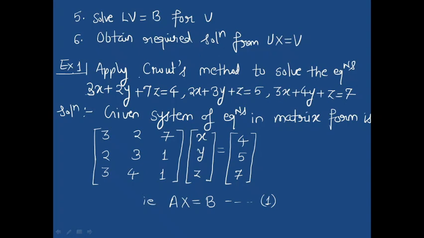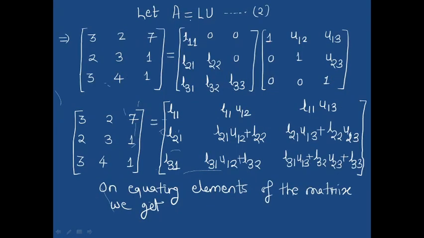Let's see this with the help of an example. Apply Crout's method to solve the equations. According to step number 1, let's write this in matrix form and call it equation number 1. Then we take A as LU, where L is a lower triangular matrix, which means all elements above the diagonal are 0, and U is an upper triangular matrix with 1 in the diagonal and all elements below the diagonal 0.